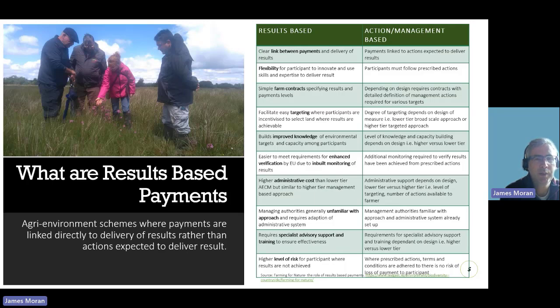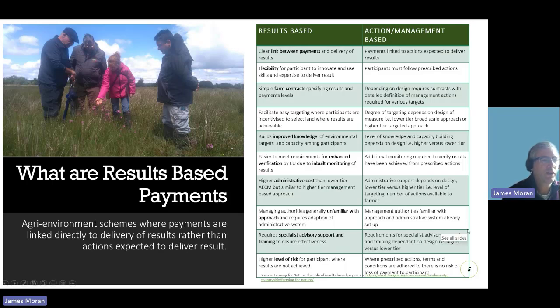Generally, with the results-based schemes, you have specialist advisory support available and training, and often in the higher level action-based ones, you also have these available. Management authorities are generally unfamiliar with the results-based approach, and it often requires adaptation of existing administrative systems, while in the action-based approach, the management authorities have been familiar since the 1990s with the approach, and administrative systems are generally set up for this approach.